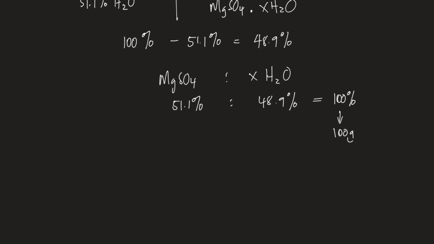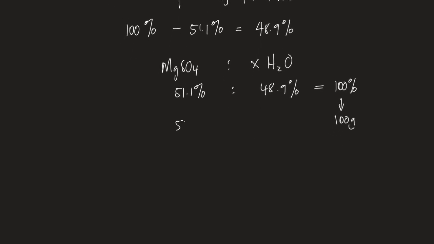So that can be converted into grams. So you've got 48.9 grams is to 51.1 grams. So once you've got your grams, here's your percentage ratio, and you've got your mass ratio.